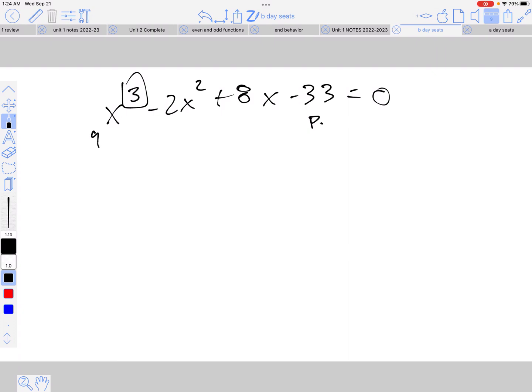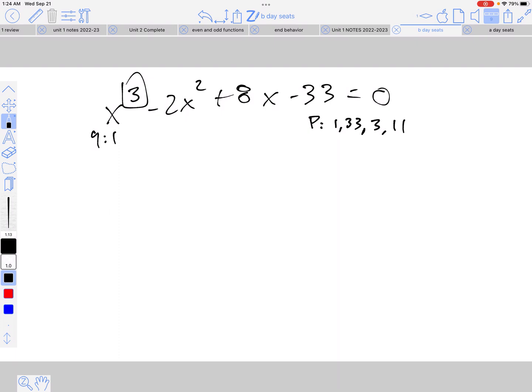I'm going to list all the factors of p, which are 1 and 33. Remember, I'm ignoring the negative because negative 1 times 33 is a factor, but 1 times negative 33, so for every positive there will be a negative, and I'll just do the plus minus. So 1, 33, 3, and 11. And then factors of q, which is 1, are 1.